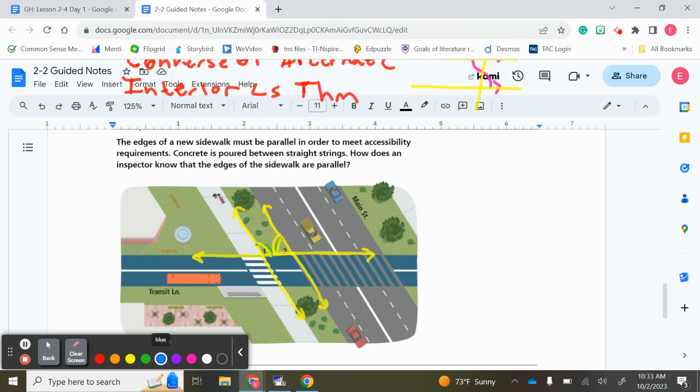All right, so what we're going to state here is angle 1 and angle 2 are same side interior angles.